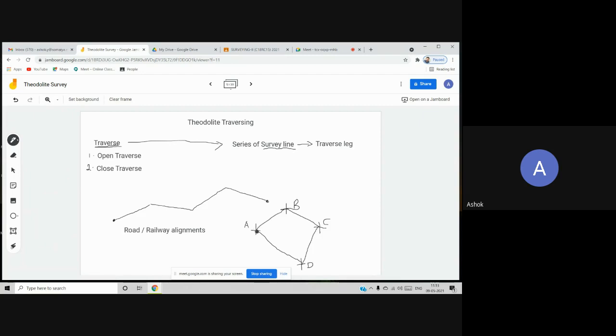This traverse starts from A, goes from A to B, B to C, C to D, and from D it comes back to A. So its starting point and closing point are the same. It terminates on the starting point itself, so this is an example of closed traverse.